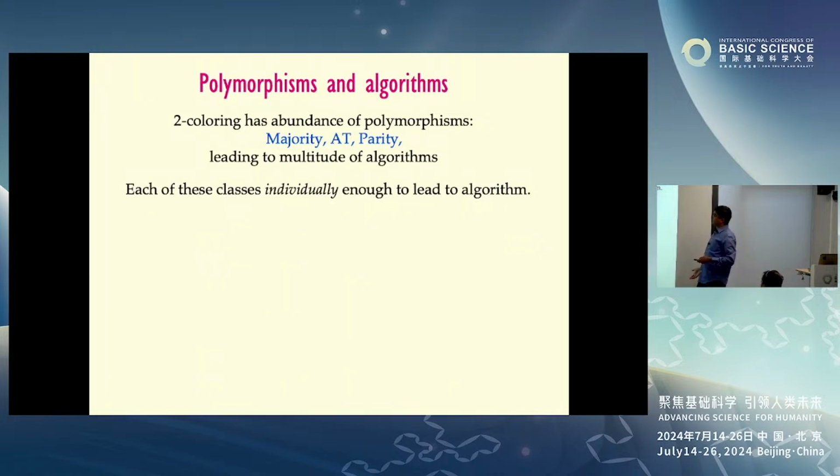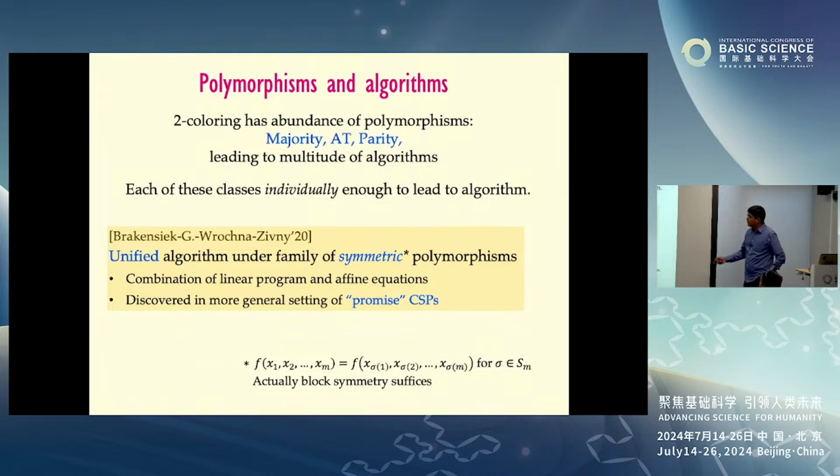These 2 coloring polymorphisms are, as I mentioned, enough to give you, in a more general setting, an efficient algorithm for CSPs with such polymorphisms, and in fact the algorithms I showed you, linear programming over the reals and integers, work.